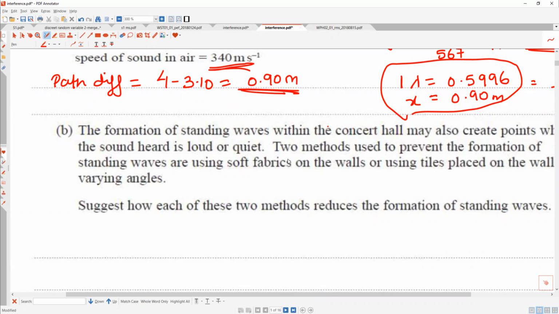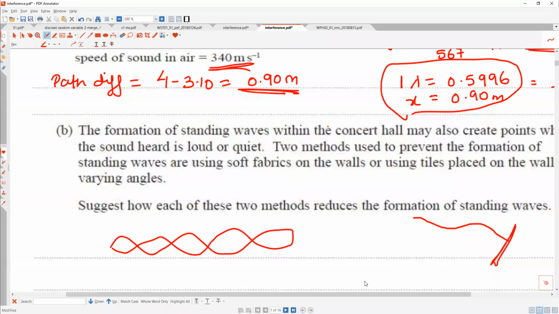So they have fabrics to absorb energy, and they have tiles. What do the tiles do? They reflect the waves away. Usually the wave comes here and goes back, and that's why the standing wave forms. If you have a tile like this, it comes and goes away, so they are not interfering or superposing on each other.